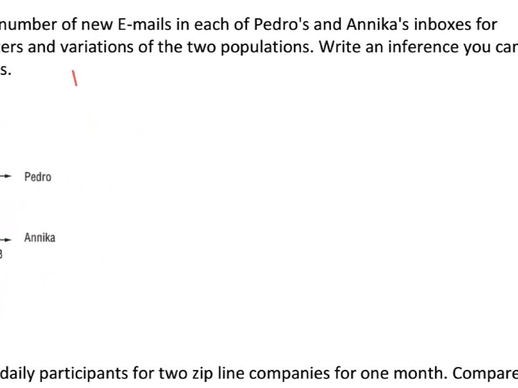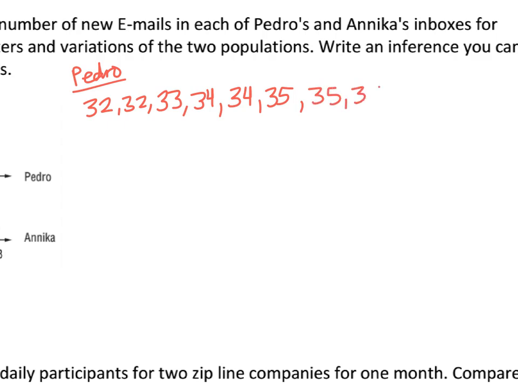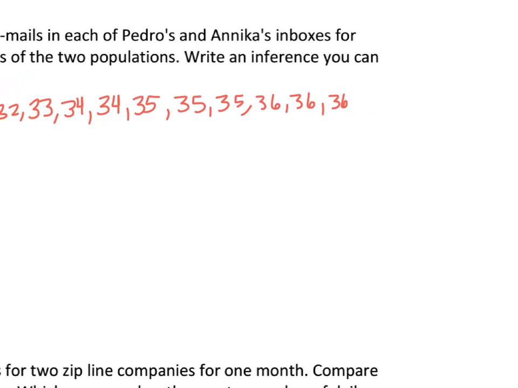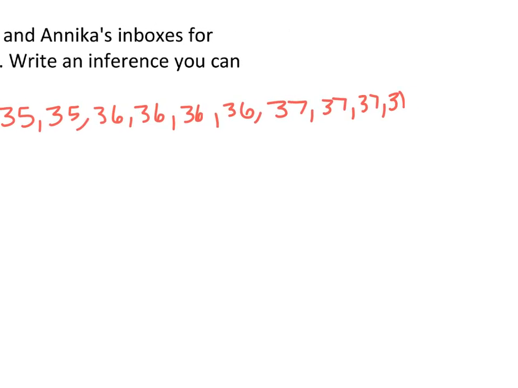So again, this is Pedro. 32, 32, 33, 34, 34. There are 3 35s. There are 4 36s. And there are 4 37s. Let's fix that one.